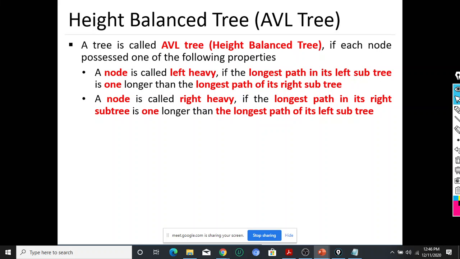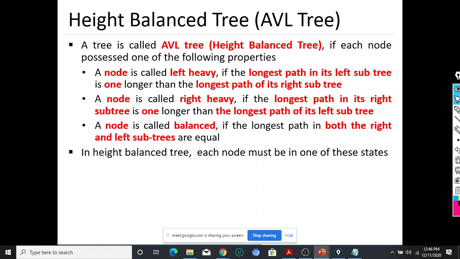What are the properties? If the node is left heavy, the longest path in the left subtree is longer than the longest path in the right subtree. These are actually definitions. So try to understand that an AVL tree is a height balance tree. It's a binary search tree in which the height of the left subtree and the height of the right subtree differ by at most 1. That is actually called the balance factor.